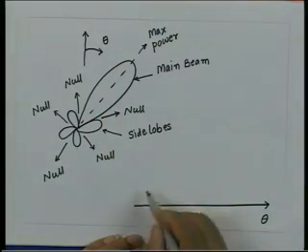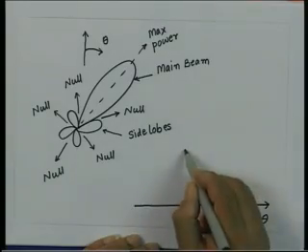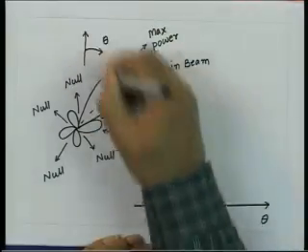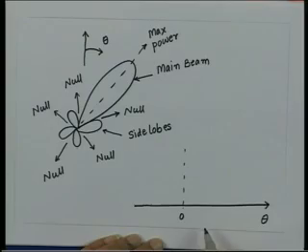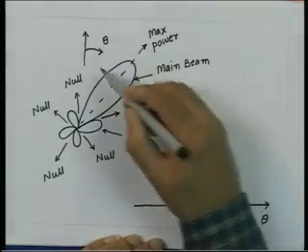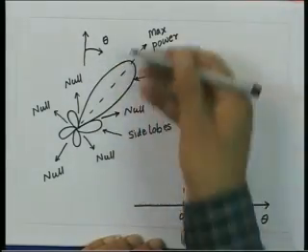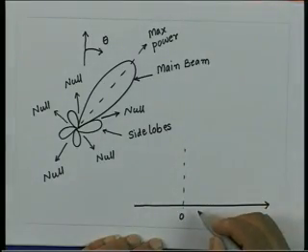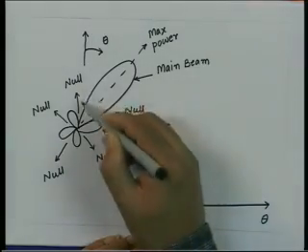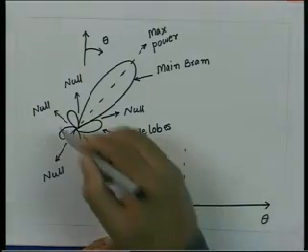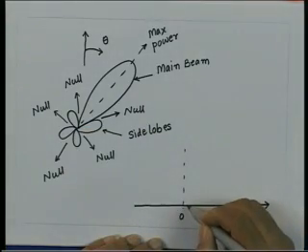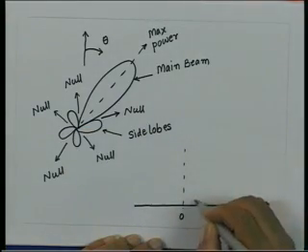I can plot from theta equal to 0, which is the reference direction. The maximum beam will be in a direction of maybe some 30-40 degrees. Then you have a null, then a side lobe. So, the pattern might look something like that.